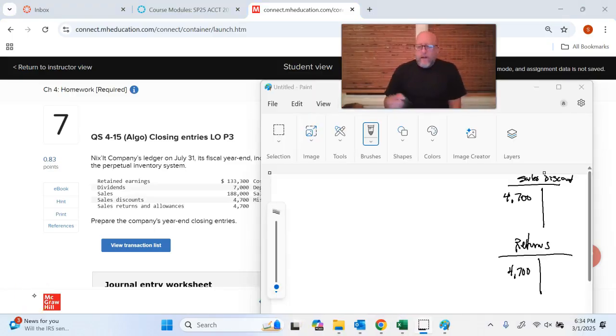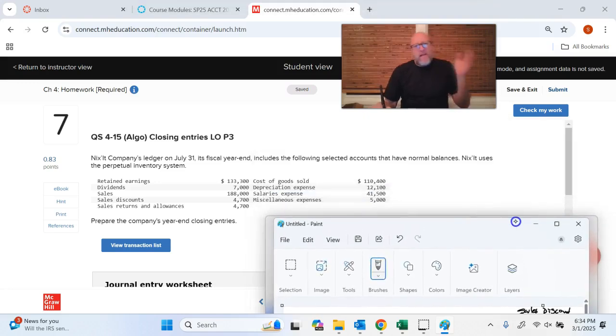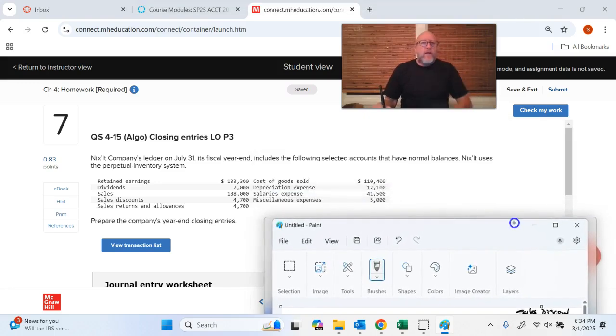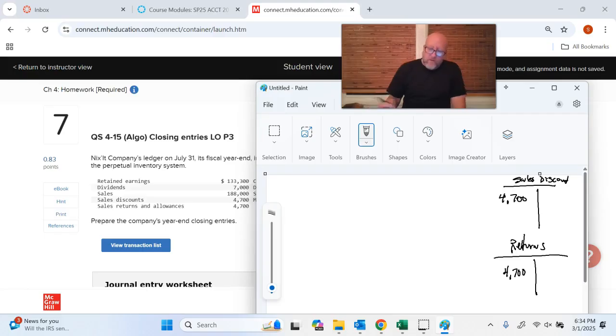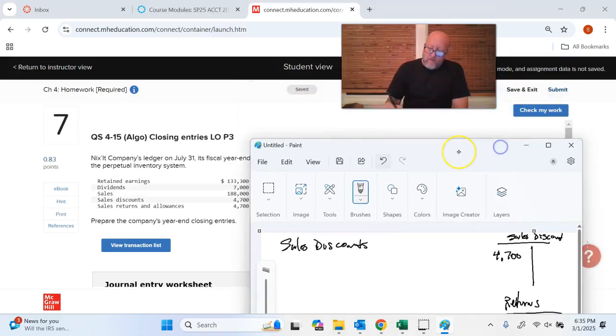So if I just look at the sales returns and allowances and ignore all the other accounts, the way that we would close out sales discounts and sales returns, again, it would be: if sales discounts already has a $4,700 debit balance, then I would credit sales discounts by 4,700.